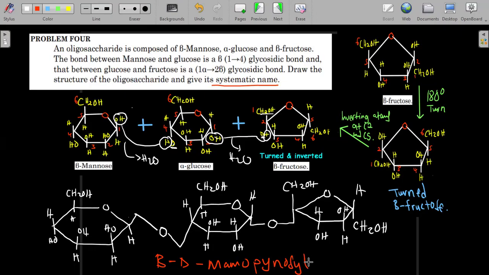So beta D mannopyranose, which is bonded to this alpha glucose by a 1 to 4 glycosidic bond. And then I'm going to say alpha D gluco, glucopyranose. The name continues to go.